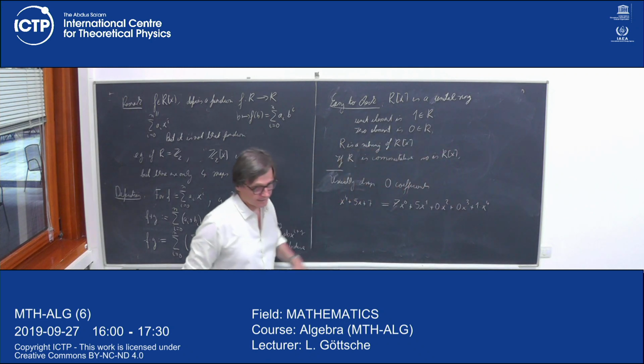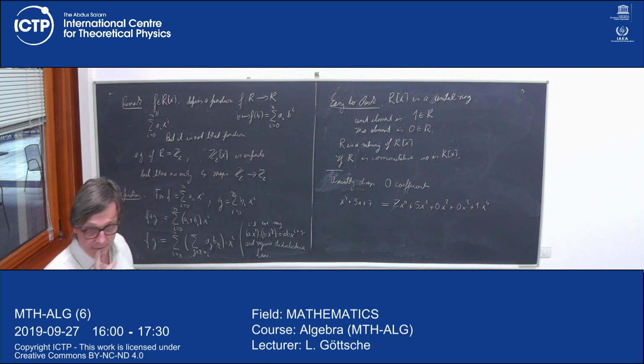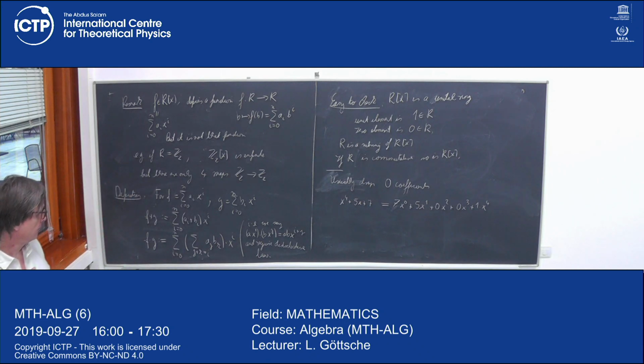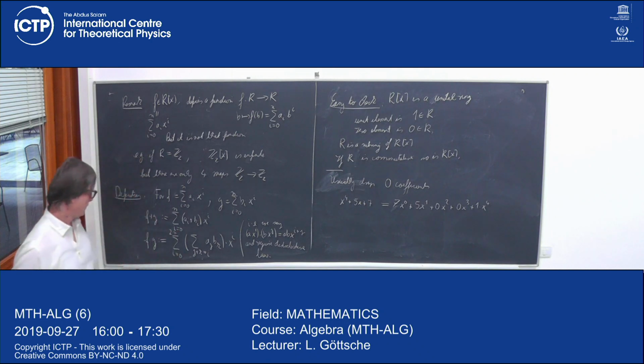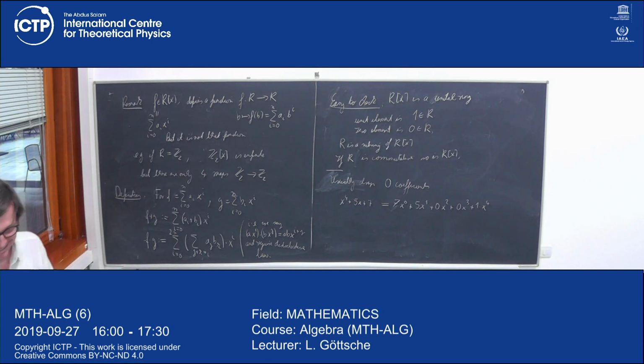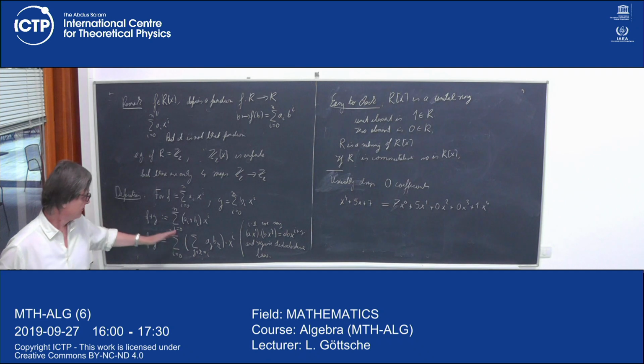You just write it in standard form. In the multiplication, the summation should have been from 0 to 2n. I don't know why I didn't write it.